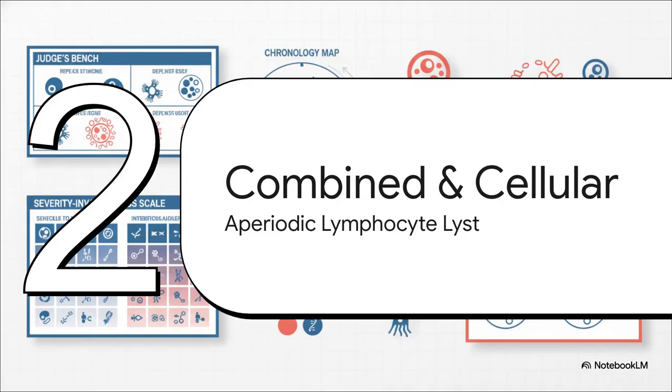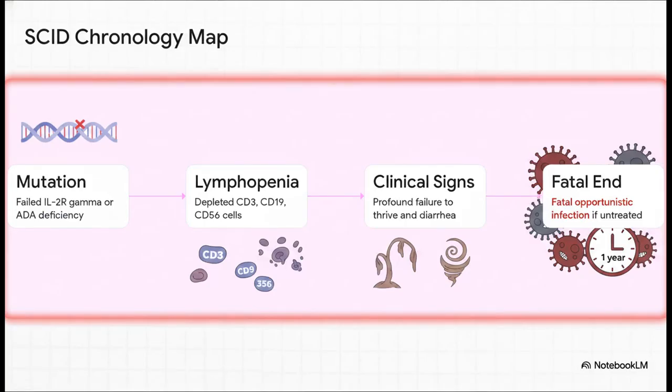All right, moving right along to Module 2, combined and cellular defects, otherwise known as the aperiodic lymphocyte list. This is our second biological fork, establishing the framework of thymic epigenetic dysgenesis versus VDJ recombination failure. Think of severe combined immunodeficiency, or SCID, as a relentless, strict chronological cascade.